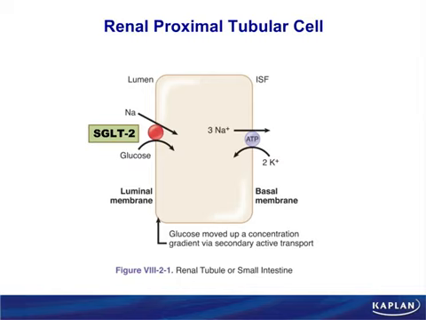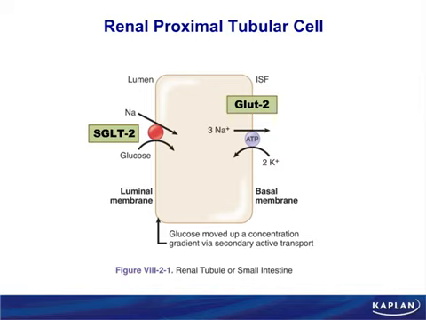Now, in the reabsorption of glucose, as your intracellular glucose concentration increases, another channel that you have on the basolateral membrane is the GLUT2 channels. So over here in the basolateral membrane, you have the GLUT2 channels.